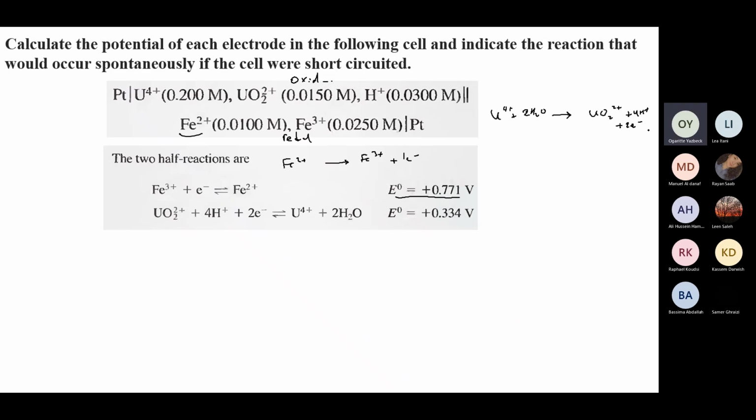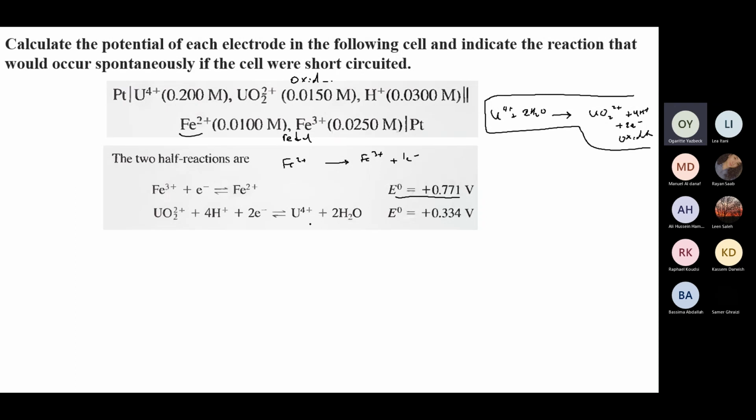What is this reaction now as written? It's oxidation. And do I want it in the form of oxidation? Yes, this is the oxidation half reaction. That is correct. Okay. So this is correct in terms of the reaction. Clear?